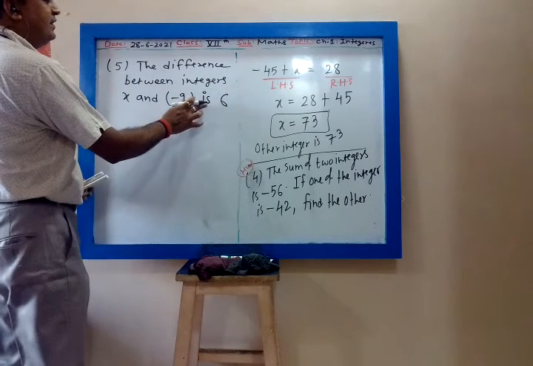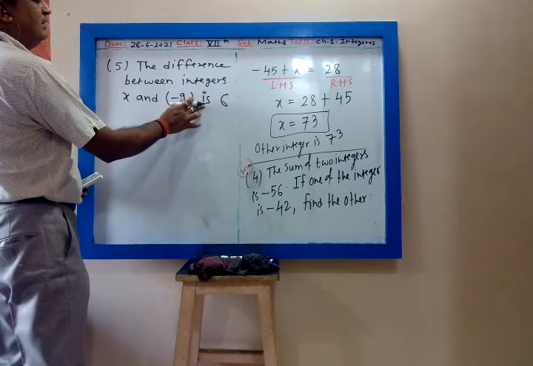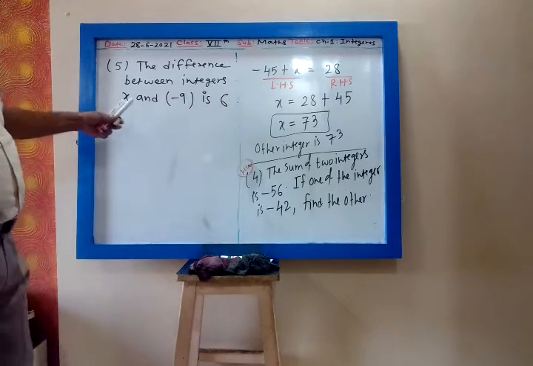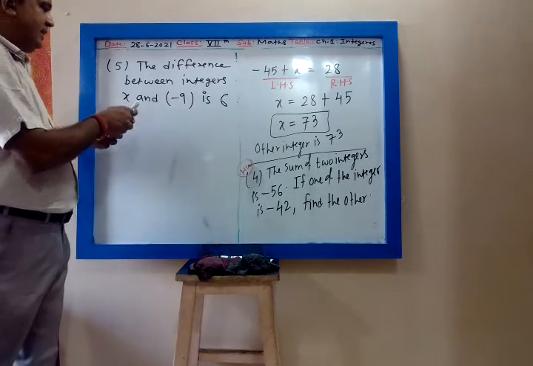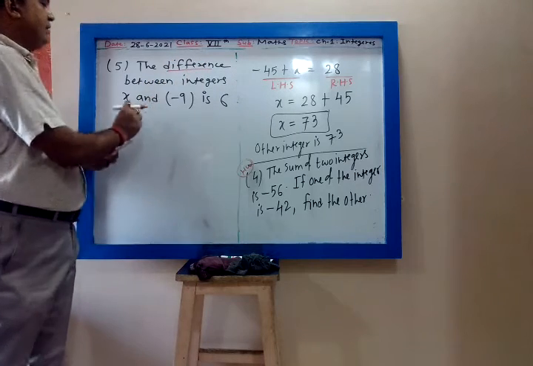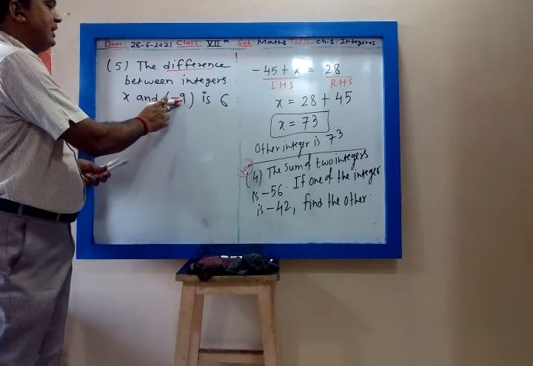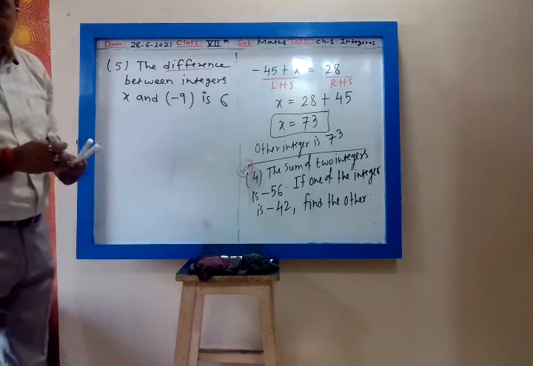What do you mean by is in mathematics? Is means equal to, yes. So now it is difference. So you will find a minus b and b minus a both: x minus minus 9 and minus 9 minus x. Both cases you will find.